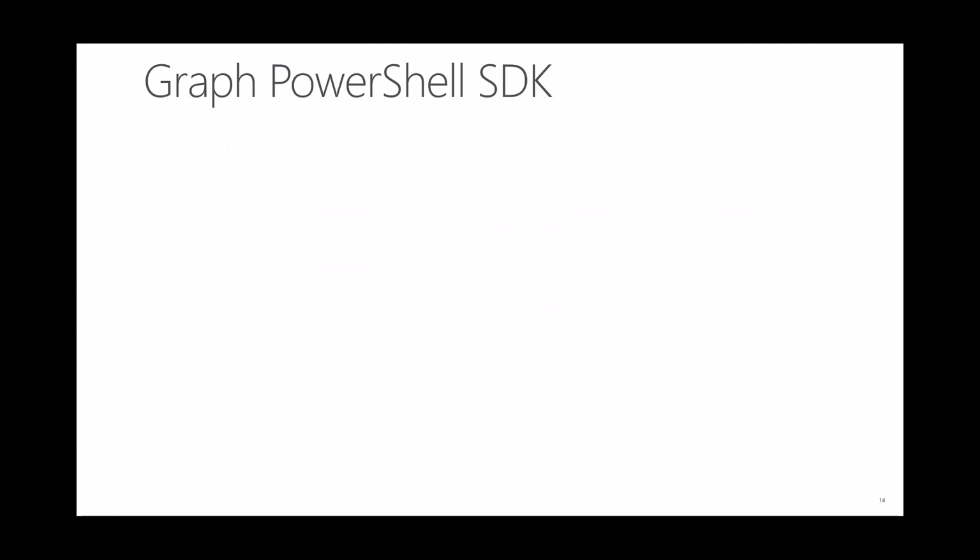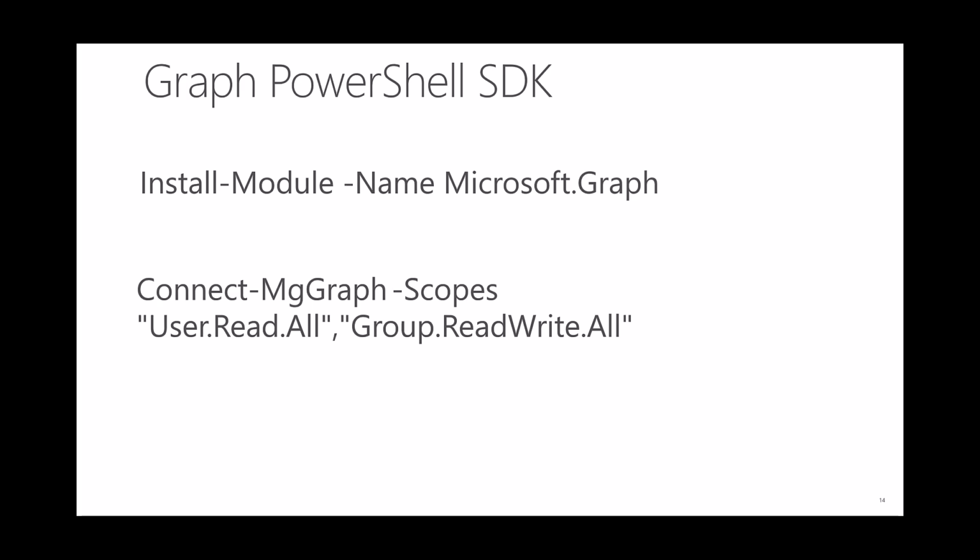Now, the first step, once you get away from the Graph Explorer, is going to be the Graph PowerShell SDK. To get the Graph SDK working, we do need to install the module. So you'll have to run Install-Module -Name Microsoft.Graph. Then we're going to connect to the Graph with the Scopes optional parameter.